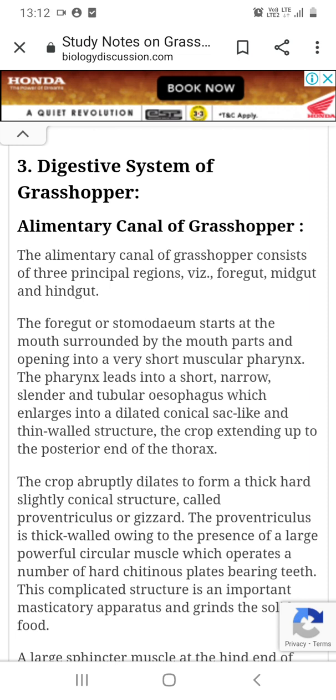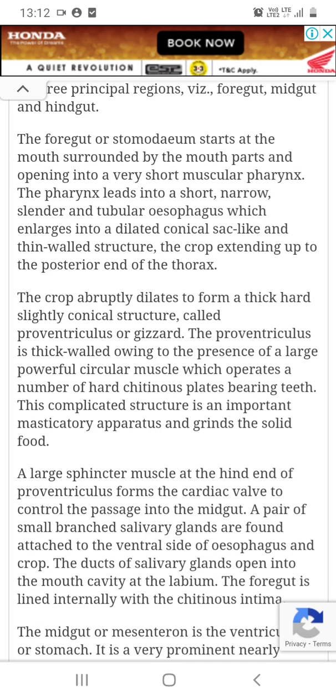The crop abruptly dilates to form a thick, hard, slightly conical structure called the proventriculus or gizzard, just as in cockroach. The proventriculus is a thick-walled structure. The thickness is due to the presence of large, powerful circular muscles which operate a number of hard chitinous plates bearing teeth.